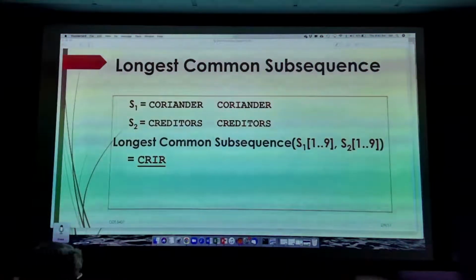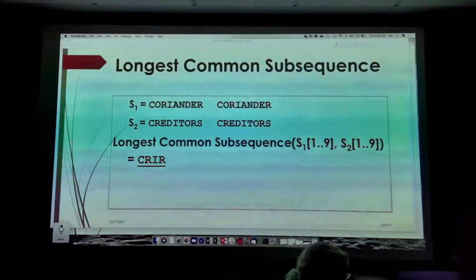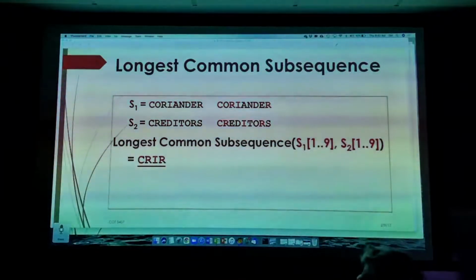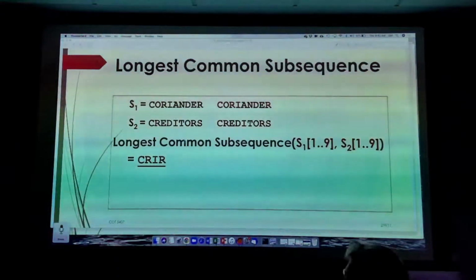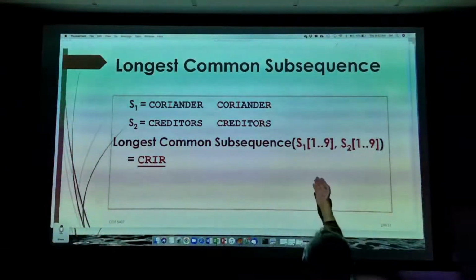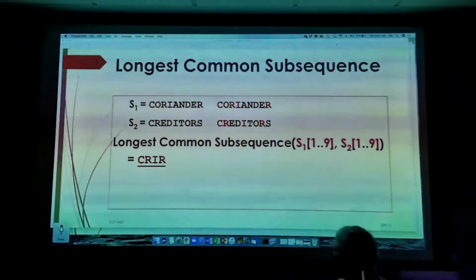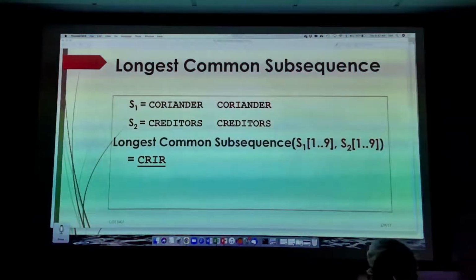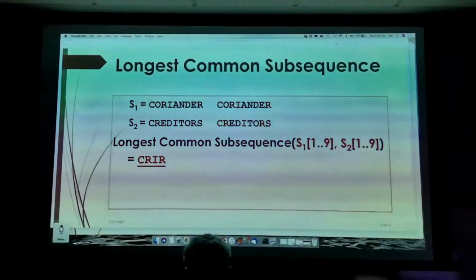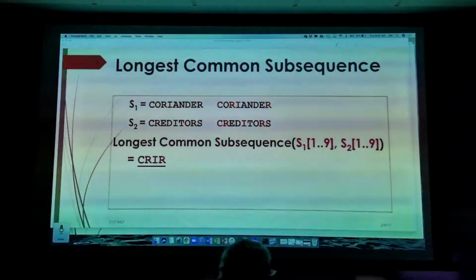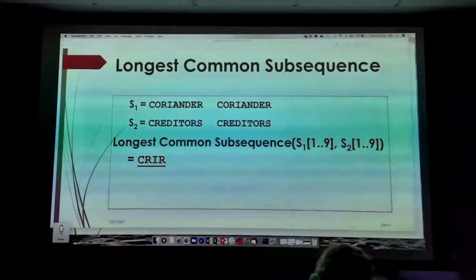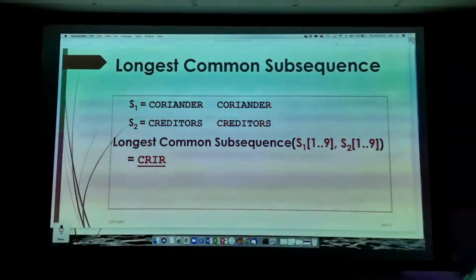Now, given any two strings, we want a general algorithm that would help us find such a longest common subsequence. In this case, these two strings are of length 9. In general, they don't have to be of the same length. They can be of arbitrary lengths, n and m, and our goal is to still be able to find these longest common subsequences.